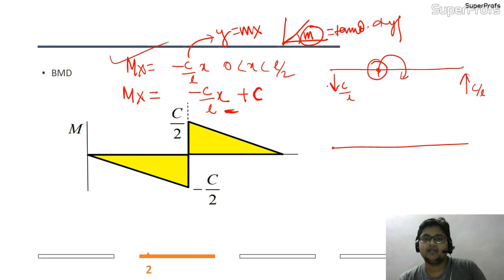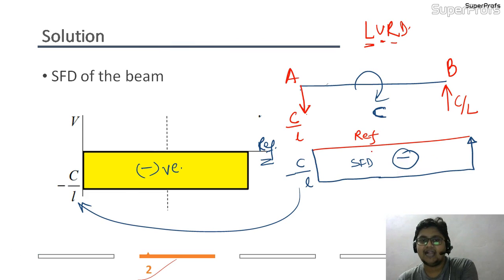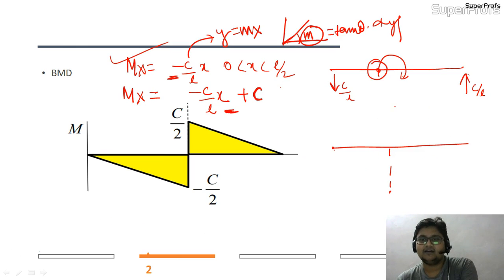So this one I will be drawing like this. As it is a negative sign, it will be up to L by 2, and at L by 2 the magnitude that we got earlier, you can see here also, was minus C by 2. So I just represented the point C by 2 here.